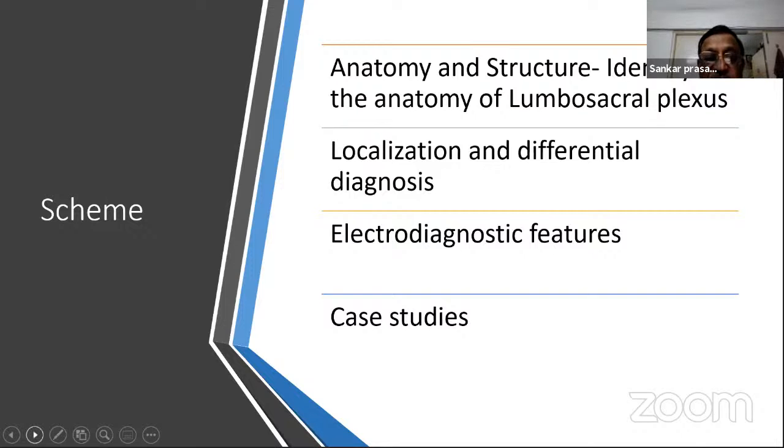We'll discuss nerve conduction velocities, the distal latencies, the compound muscle action potentials, the F latencies, the H reflex, and the needle EMG, the spontaneous activity, the motor unit action potentials, the interference patterns, and the H reflex mainly in the lumbosacral plexus. And we'll have a couple of case studies also.